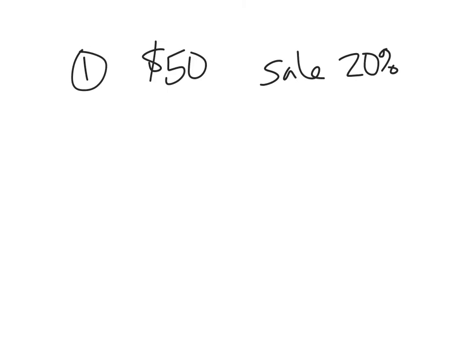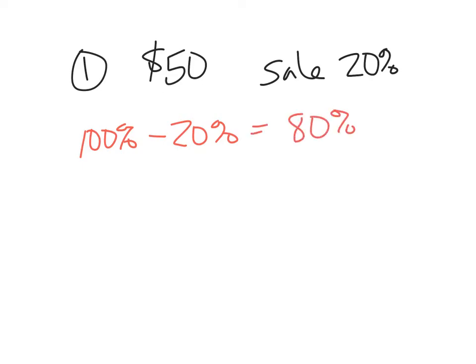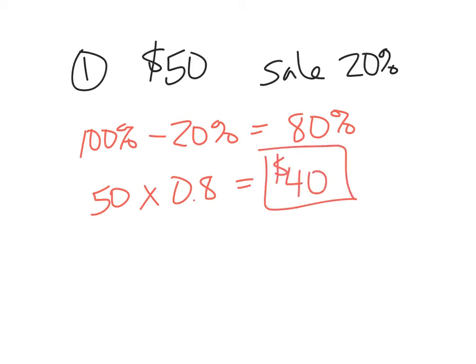So I'm going to take 100%, because that's what it would cost for the skateboard, minus the 20%, means I'm going to sell this skateboard at 80% of the original cost. So now I'm going to do $50 times 0.8, because that's what 80% as a decimal is. So 50 times 0.8 is going to give you $40. So this is the new price of the skateboard.